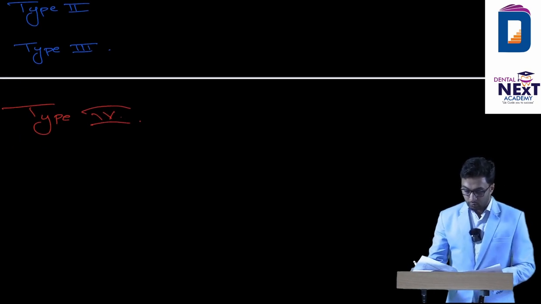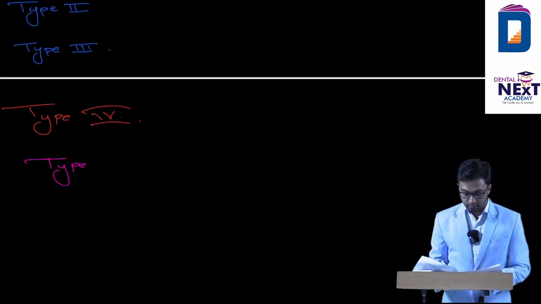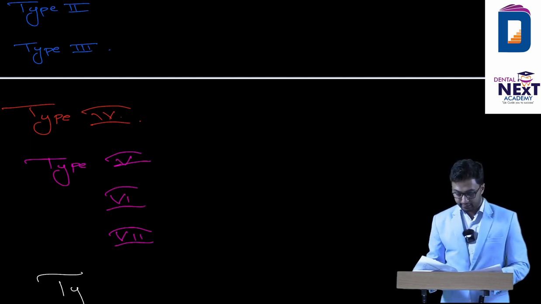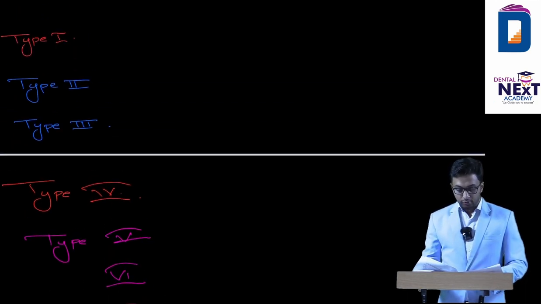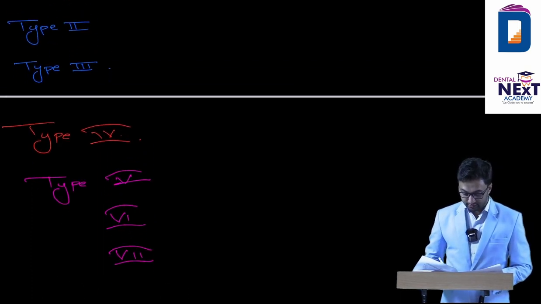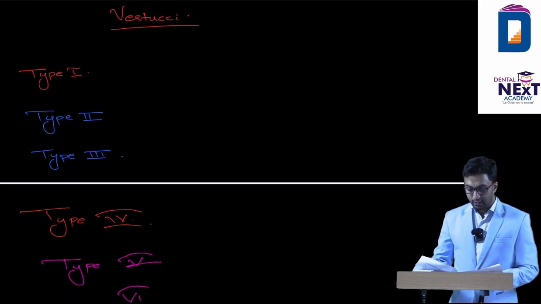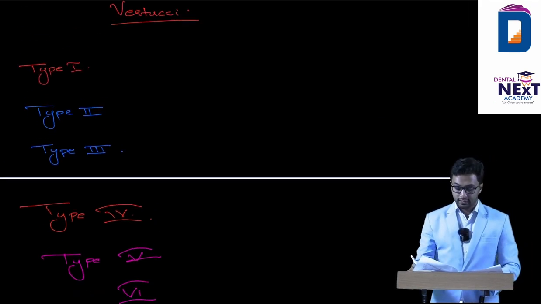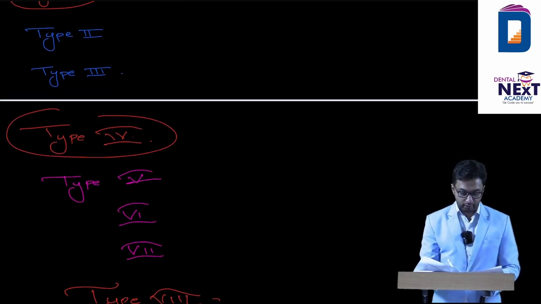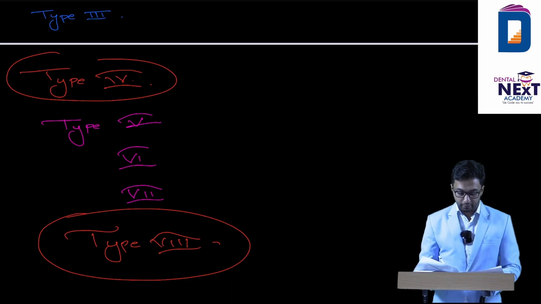Then type 5, type 6, type 7, and finally type 8. I should have used red ink itself. So from this, what did you understand? You have to remember type 1, type 4 and type 8.